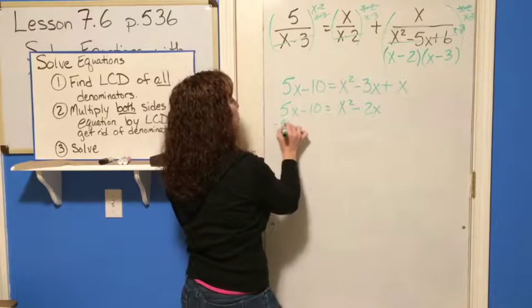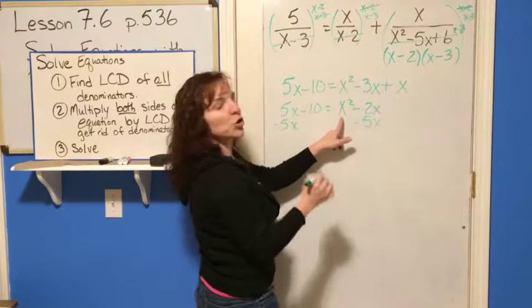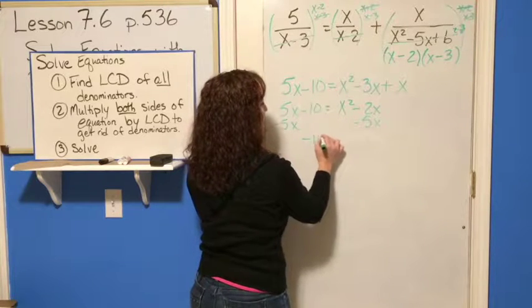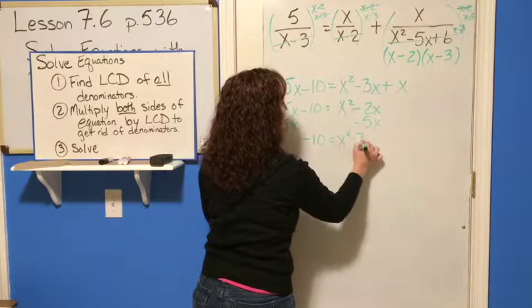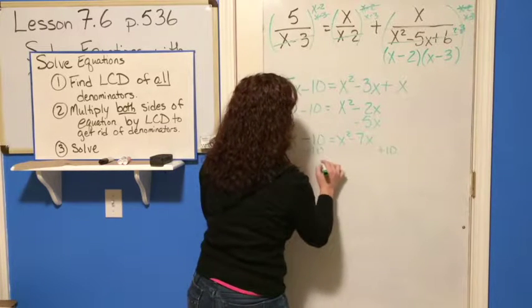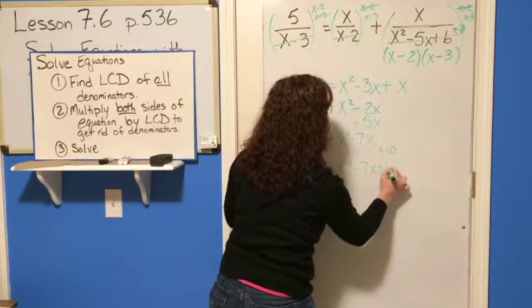Subtract your 5x. Now the reason I'm moving it over to this side is to keep my x squared term positive. It's just easier to work with that way. Don't lose your negative sign here. Negative 10 equals x squared minus 7x. Add 10 to both sides. So 0, which is what I'm looking for, equals x squared minus 7x plus 10.